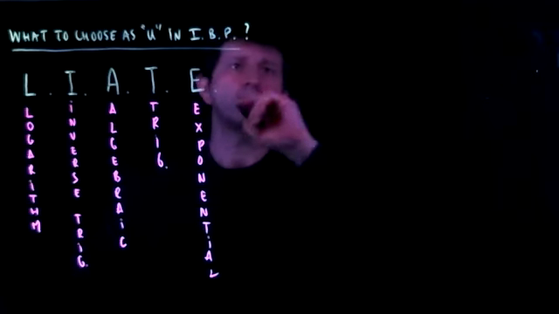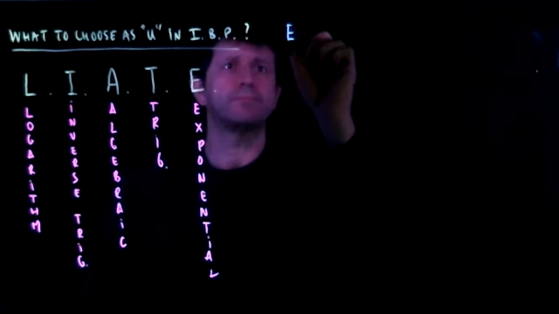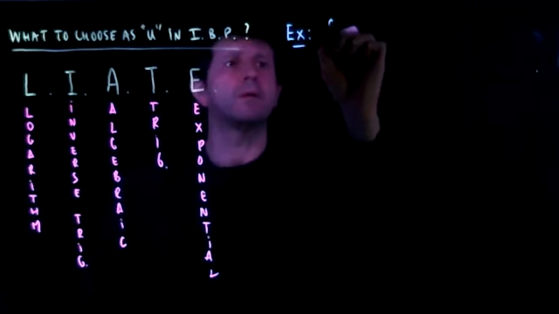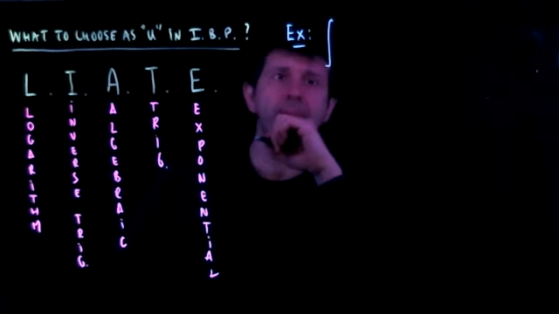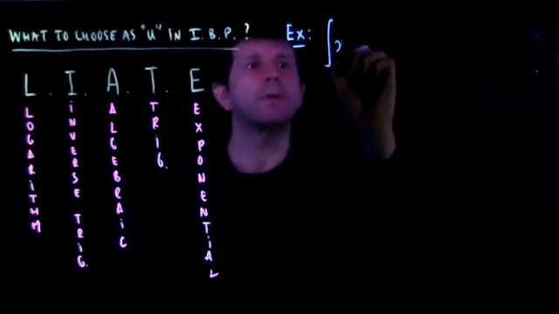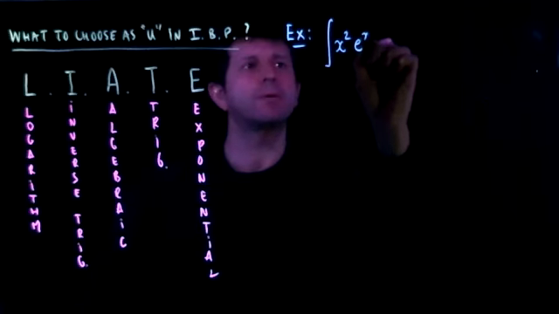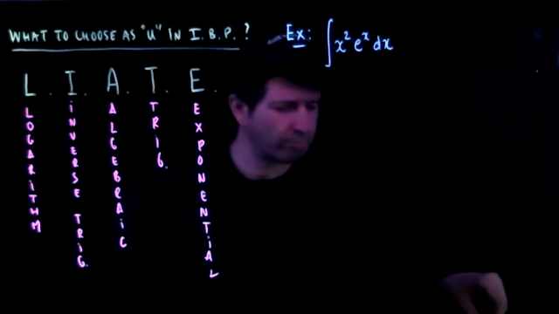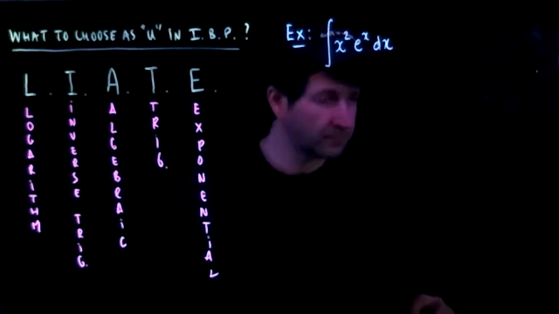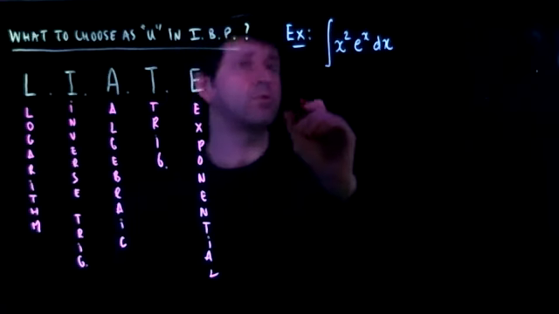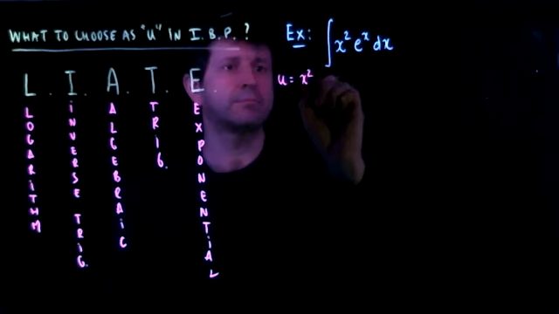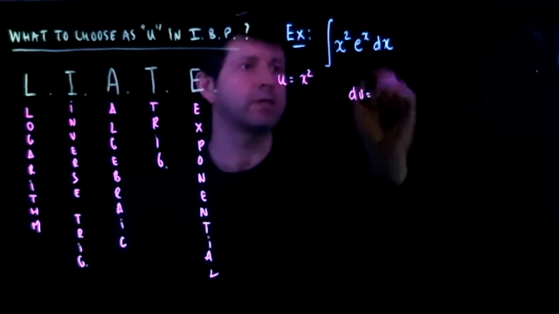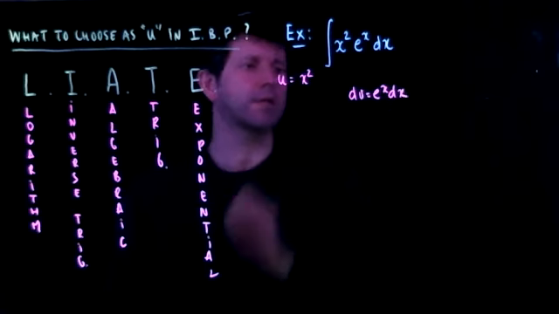So let's do an example. The integral of x squared e to the x dx. So u is x squared and dv is e to the x dx.